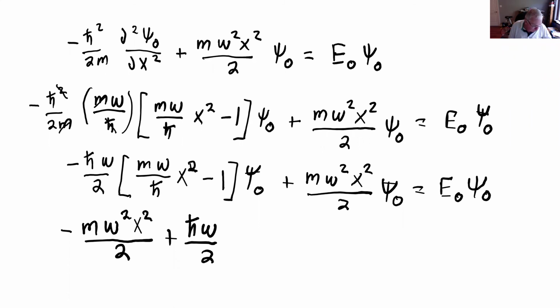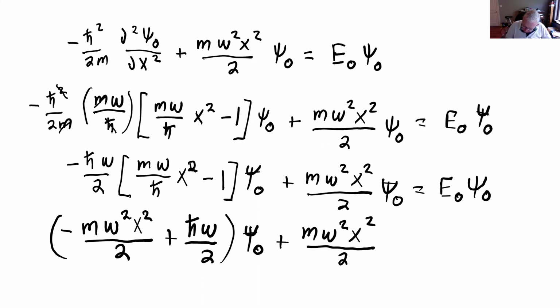I get all of that times psi 0, plus the same piece here, m omega squared x squared over 2 psi 0.